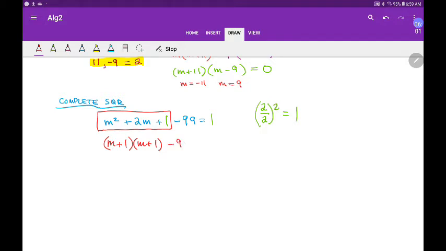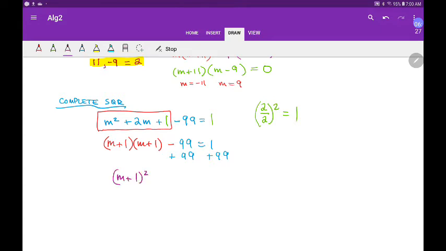And minus 99. Well, let's see. I'll use a different color for that. And I'll say minus 99 equals 1. And then, of course, I'm going to add 99 to both sides because I don't want it over there. And I can write that as a perfect square. I can write m plus 1 squared.